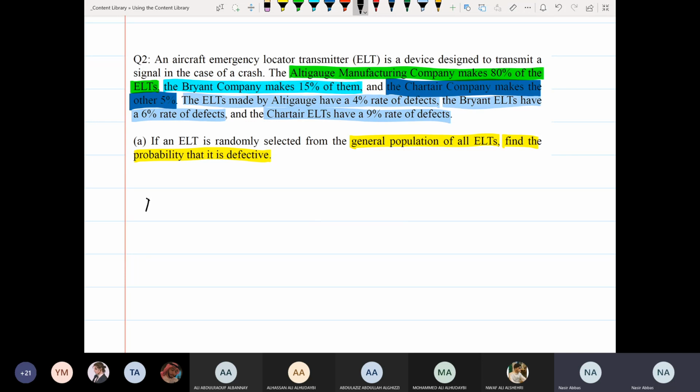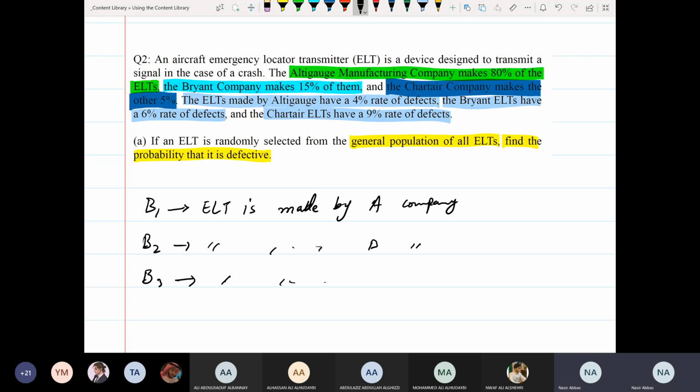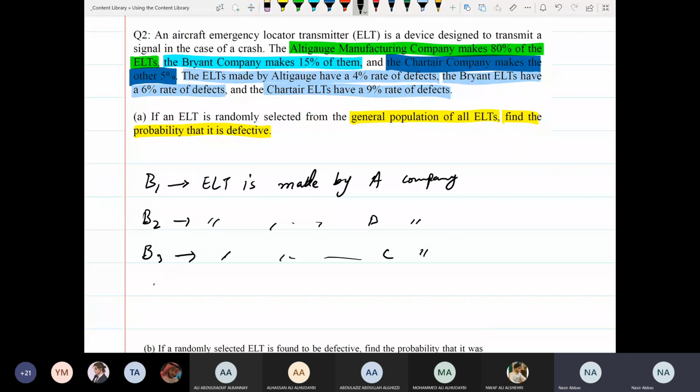B1 is the event that the ELT is made by A company, B2 that it is made by B company, B3 that it is made by C company. And I'm going to define A as an event that the ELT is defective.